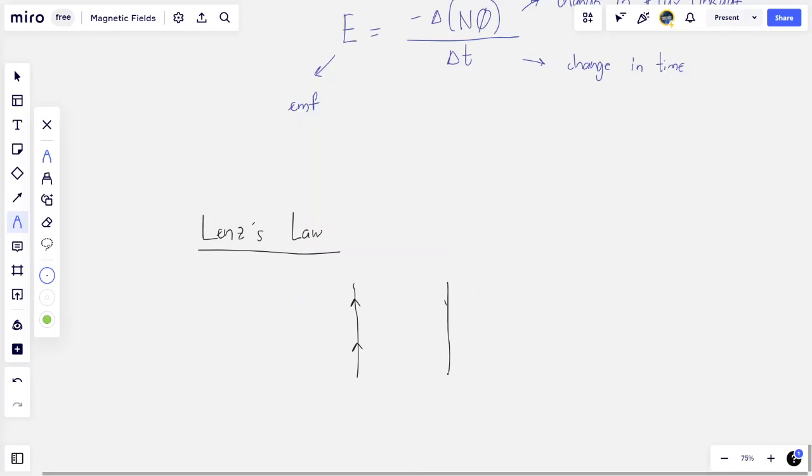What does this mean? Let's assume I have a wire with a current placed next to a wire with no current. The motor effect says that this current induces a field. We know that a current, a moving charge, induces a magnetic field.